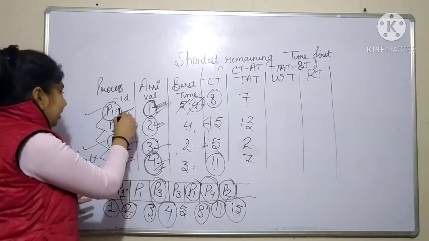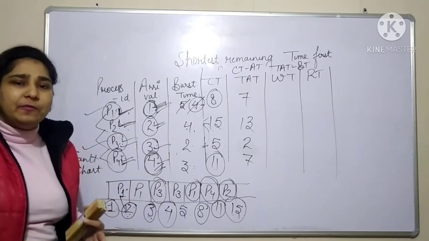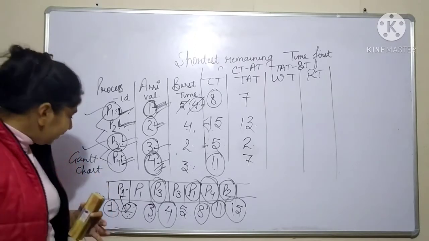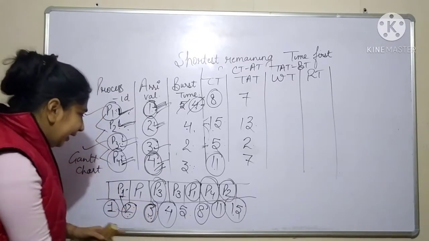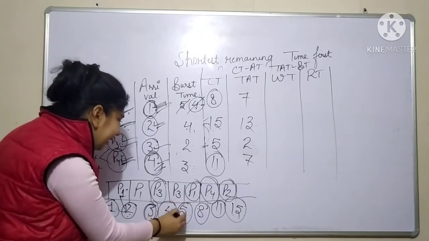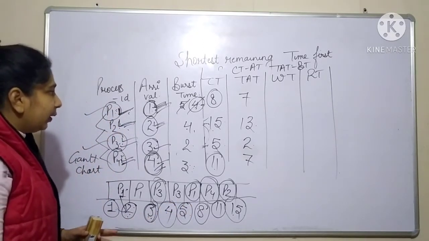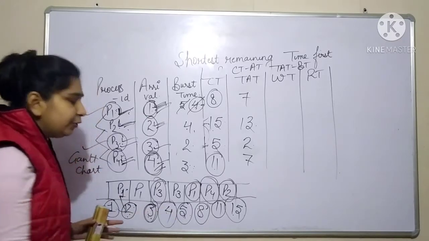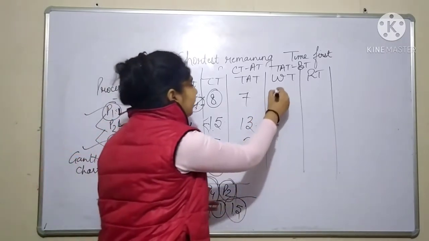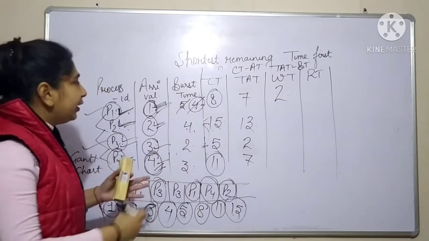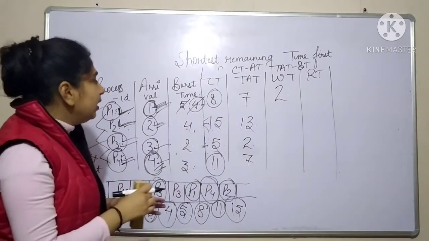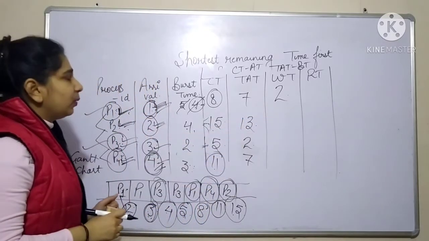Then this process had to wait for some amount of time to get the CPU. So after 3 it was given CPU again at 5. So how long had it waited for CPU? From 3 to 5, 2 units of time. Or you can calculate it this way: turnaround time minus burst time. The remaining time is the waiting time.